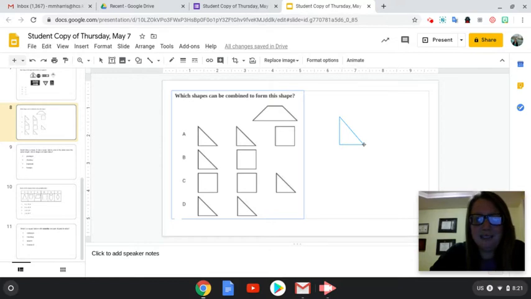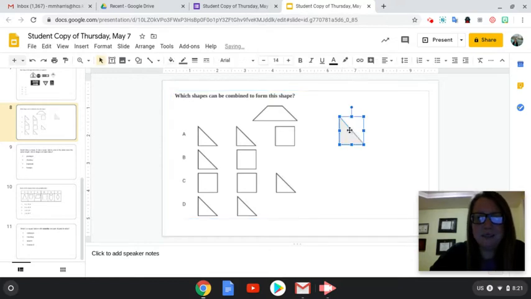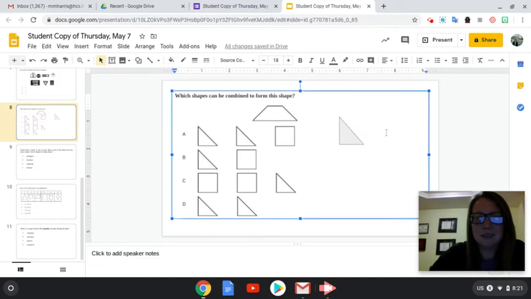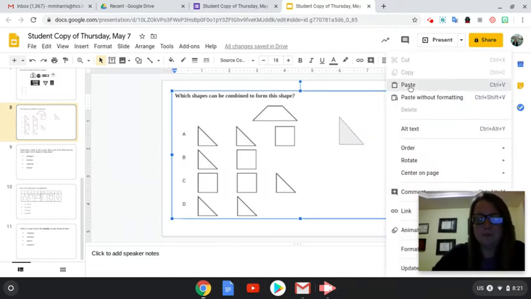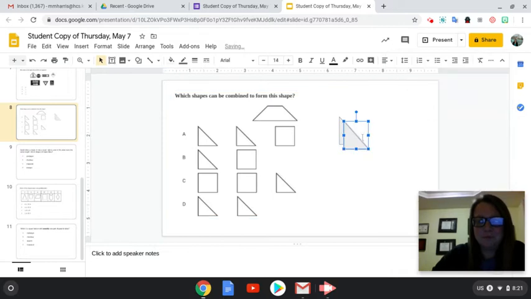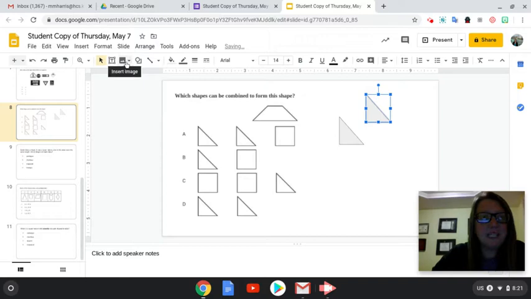Okay, so they have one of these, two of those, and then it looks to be a square.